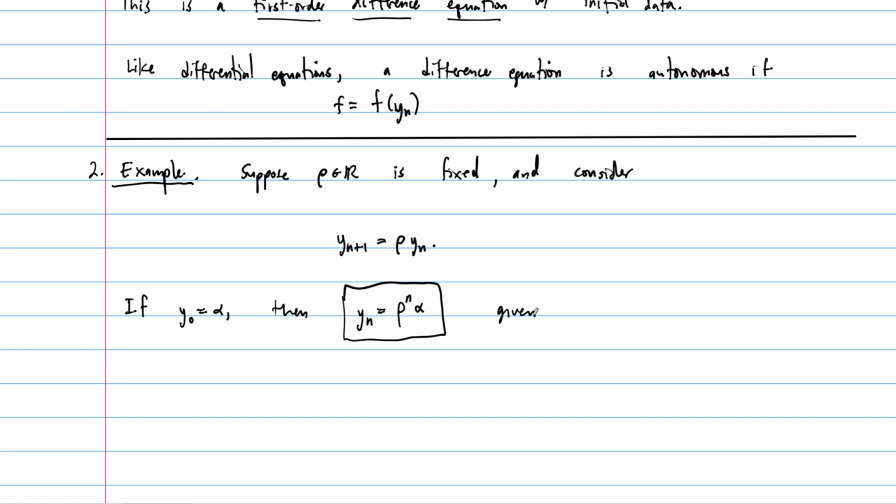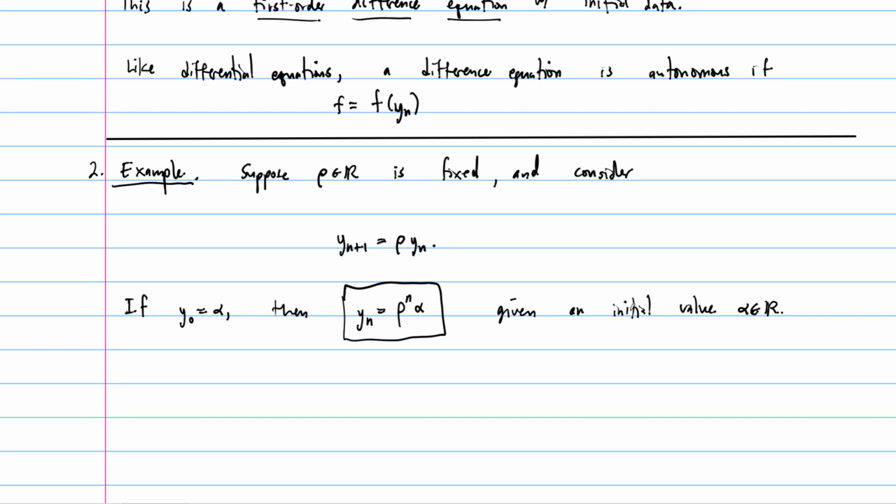This solution works given an initial value alpha, and this alpha could be any real number. If you're thinking of it as an actual population, it's probably a whole number, but that's fine.